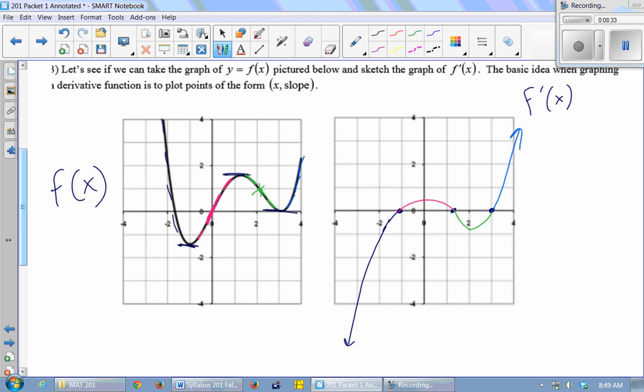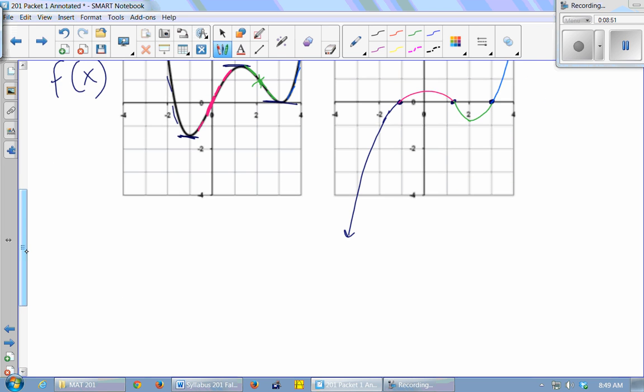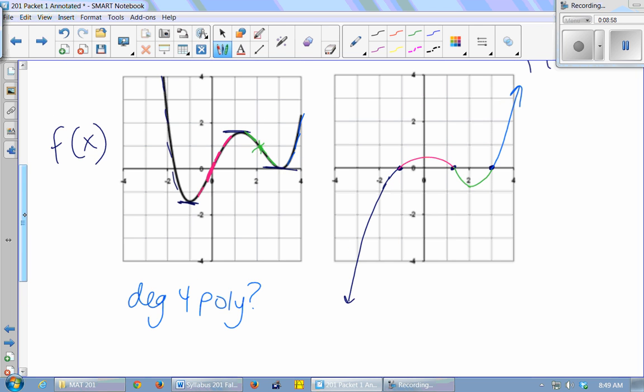Yeah, so if these two graphs represented polynomials, what would the smallest degree of f of x have to be? Think about the end behavior. If the end behavior is both arms up, the degree has to be even, right? So this could be degree 4. This is maybe a degree 4 polynomial. I mean, that's not for sure, but it looks like a degree 4 polynomial.